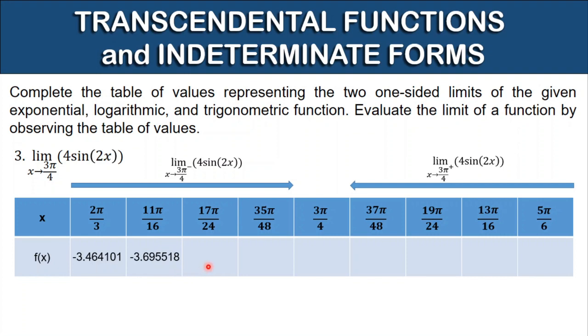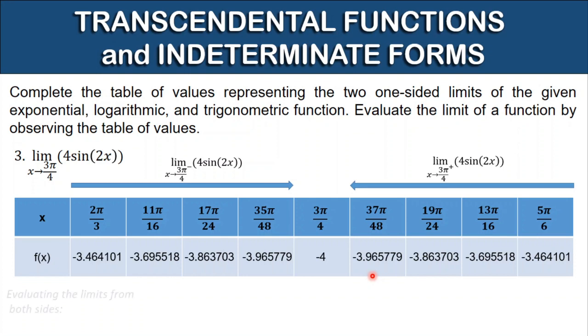In 17 pi over 24, in 35 pi over 48, and here in 5 pi over 6, in 11 pi over 6, in 19 pi over 24, in 37 pi over 48, here is the value. And as you notice, they are approaching same number, and that is negative 4.